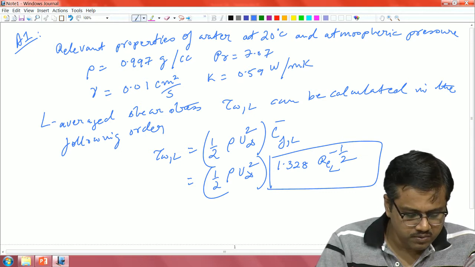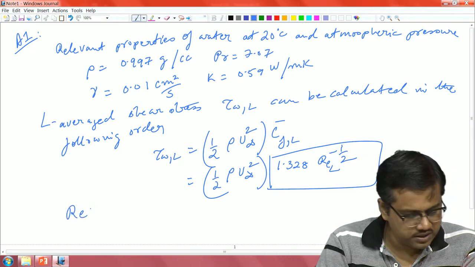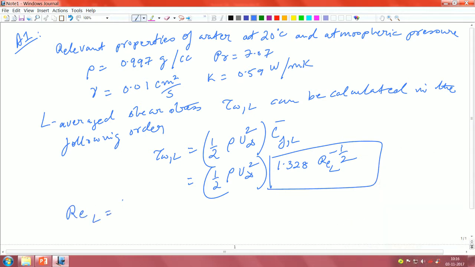The Reynolds number in this particular case is given as u infinity L by nu, which is about 0.5, remember that the velocity was about 0.5 for water, and 1 centimeter was the length, and 0.01 centimeter square per second was the kinematic viscosity.